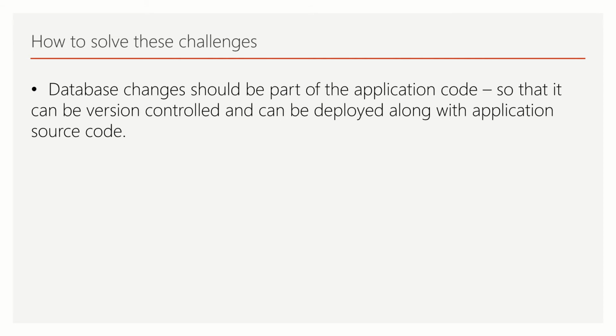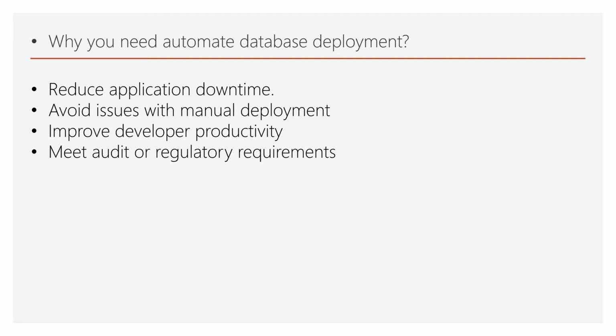How to solve this? What we want is to make sure database changes are part of the application, so I can avoid all these things, and reduce application downtime. I will come to that. Our issue with manual deployment goes away if it is part of the application code and deployed along with the application; you don't need to worry about manual database deployment.